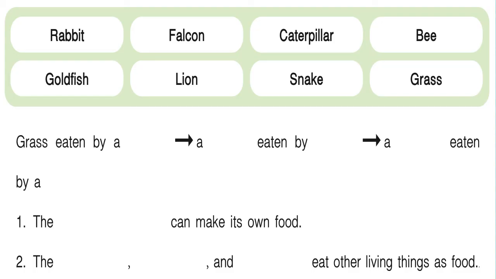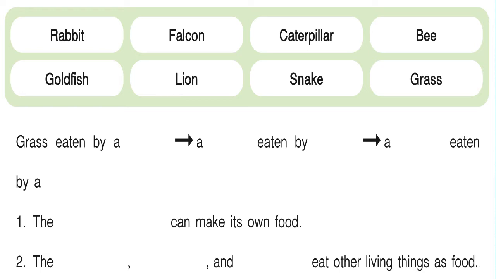Okay, let's look at the next slide. We have an example of food chain. So let's read what is in the box. We have rabbit, falcon, caterpillar, bee, goldfish, lion, snake, and grass.